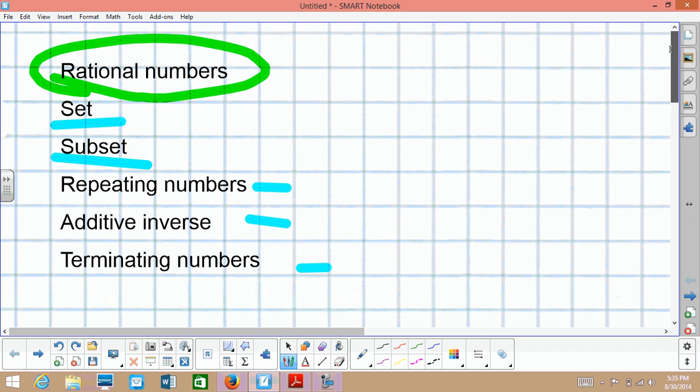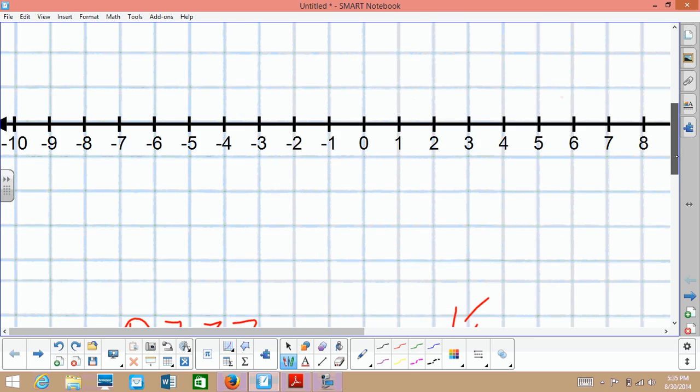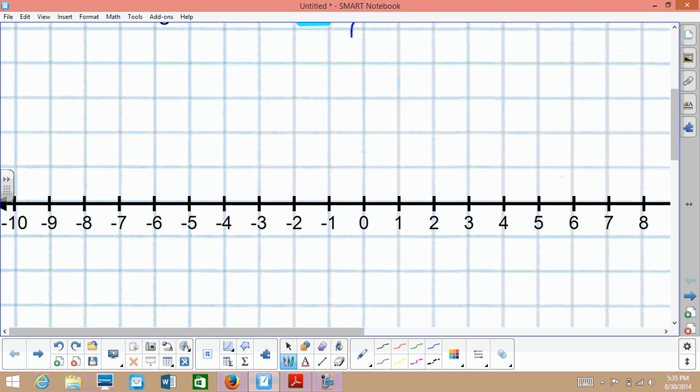All right. Now, so we covered what rational numbers are, what a set is, what a subset is, repeating numbers, terminating numbers. Now, additive inverse. For that, I'm going to use the number line. Additive inverse is the following. If I tell you to find the number 5, the number 5 is right here.